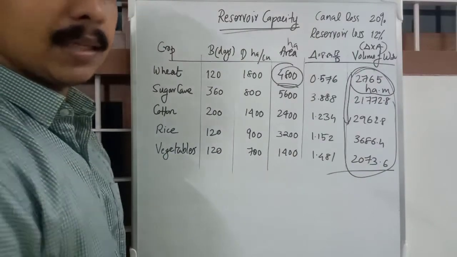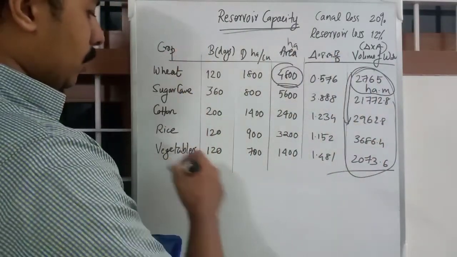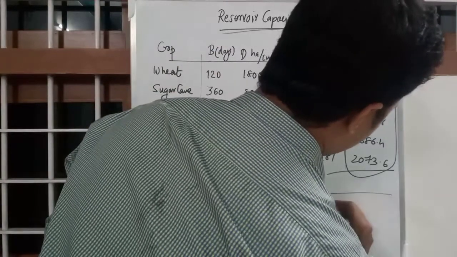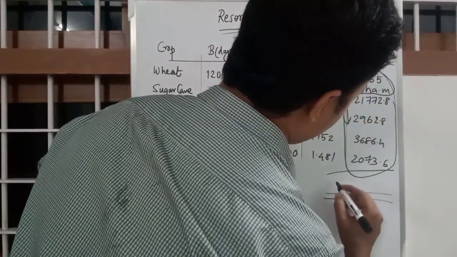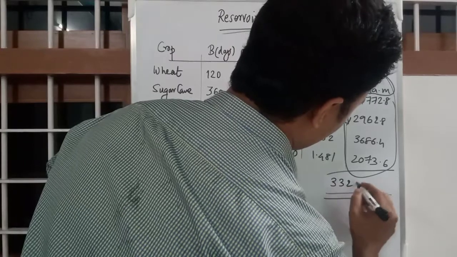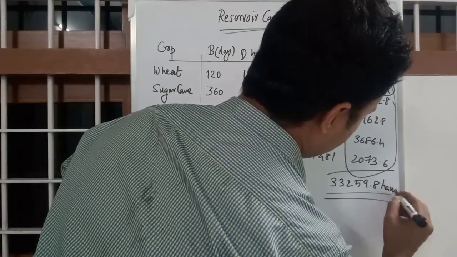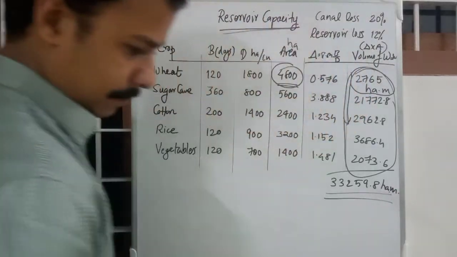So for cultivating all these crops you add all these values, and that is 33,259.8 hectare meter.